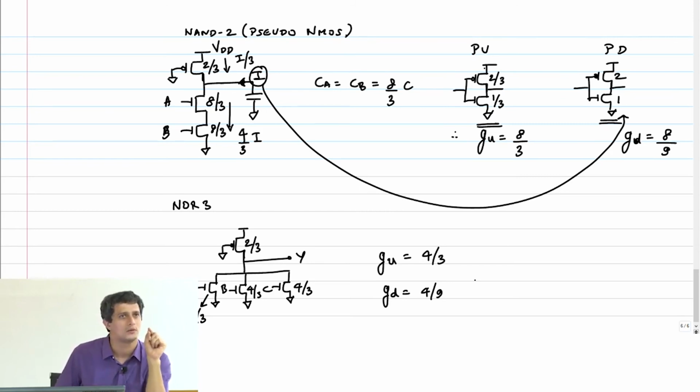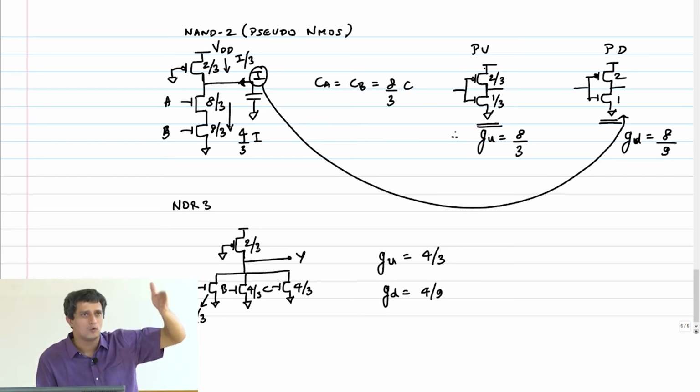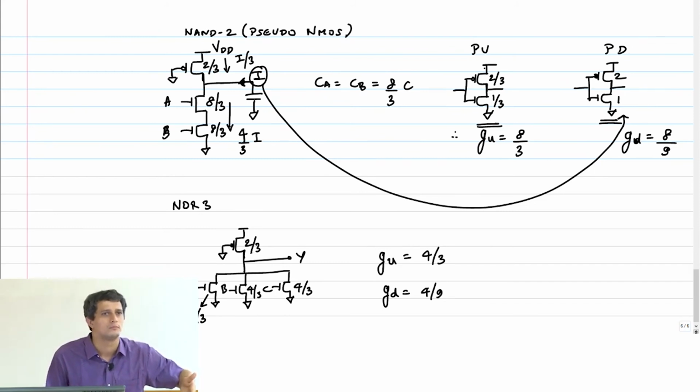So this PMOS, because it's just one PMOS pulling up, that's 2 by 3 always. See, the worst case is 2 by 3 pull up and one of the 4 by 3 is pulling down. So therefore, it has to be 2 by 3 and 4 by 3 as you say. Okay?